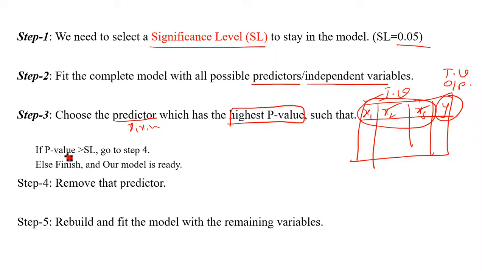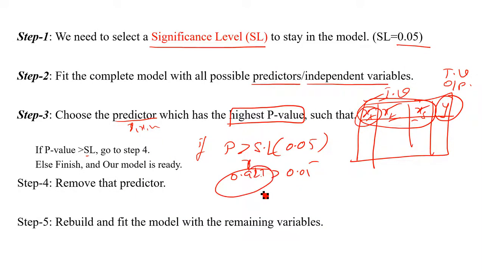If the p-value is greater than the significance level, which is 0.05, then among the features x1, x2, x3, suppose the x1 feature gave a p-value of 0.927. That is greater than 0.05, which means this x1 feature is not significant, thus we have to remove this feature.